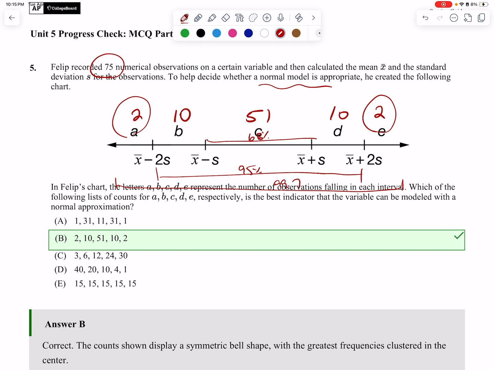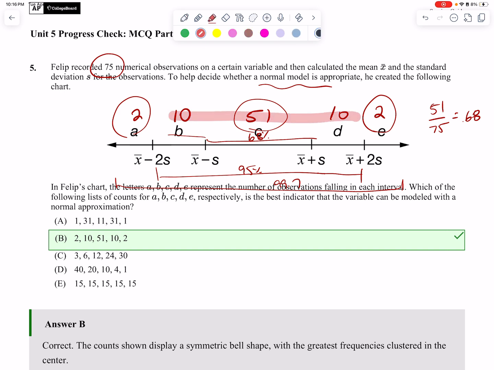So let's start with this here. So what's going to be on the tail is, or let's go ahead and do here, this. Let's see, 51 out of 75. 51 divided by 75 is equal to 68% exactly. They actually got it perfect. Then let's do this one here.